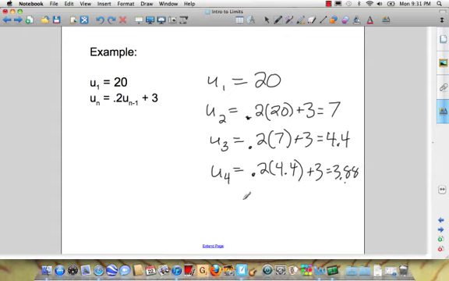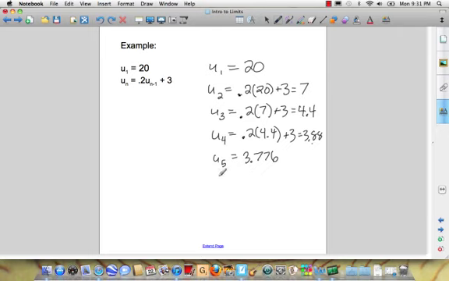And then the next one after I did the calculations was 3.776. And then after that I got 3.7552. And you can keep going.